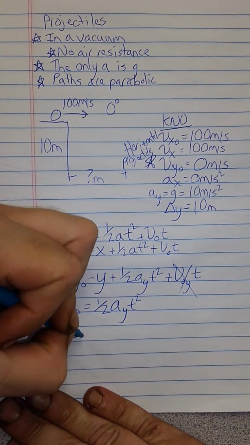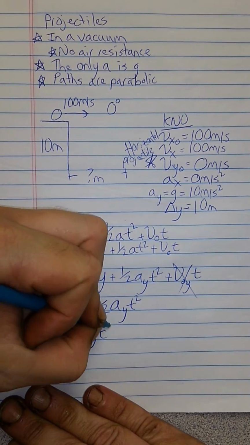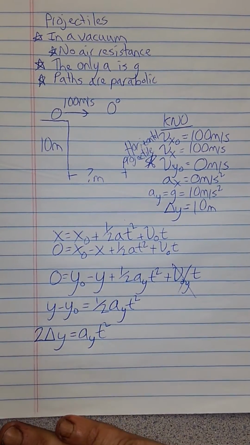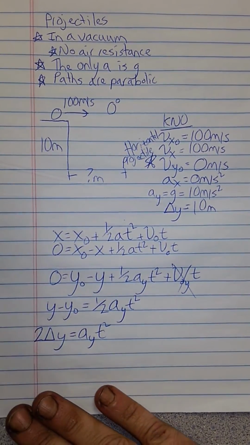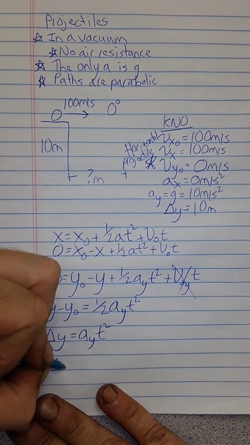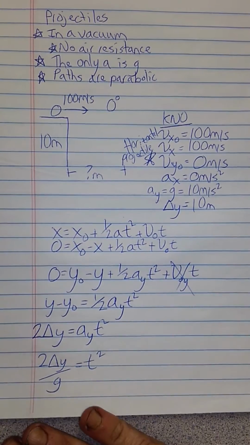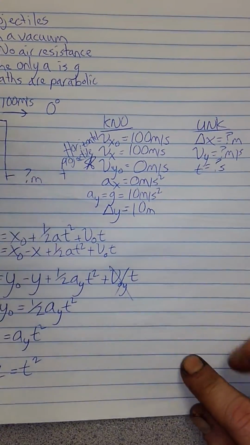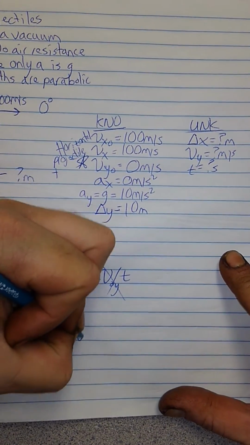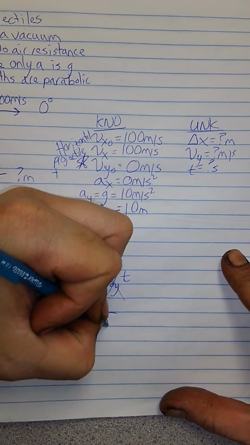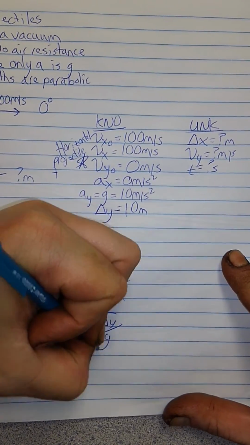So I get 2 delta y equals a_y t squared. I'm going to divide by a_y, which is really just g. And last but not least, take the square root. So here's the final version of this particular equation.